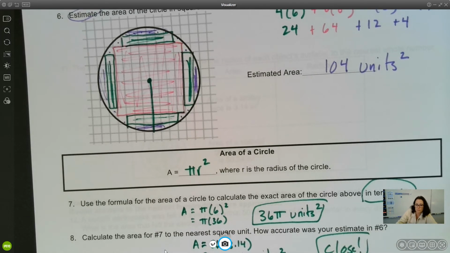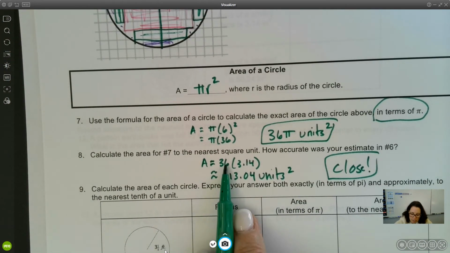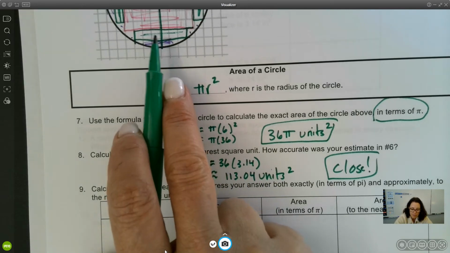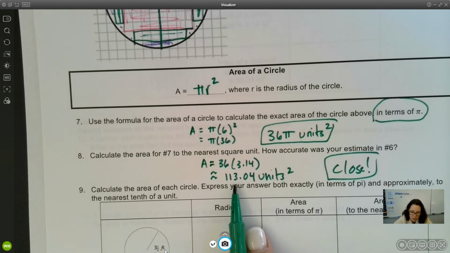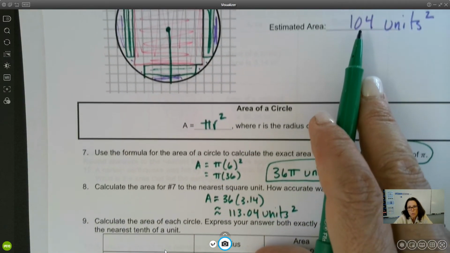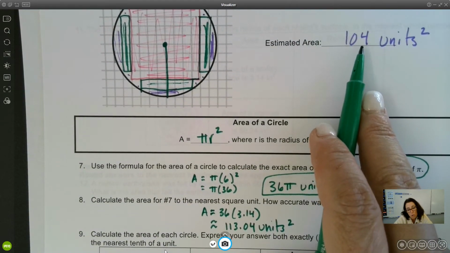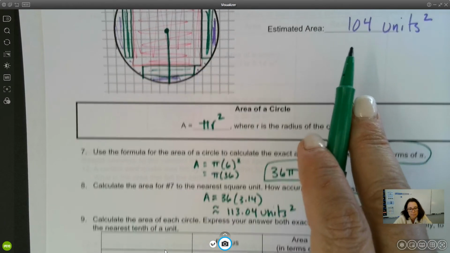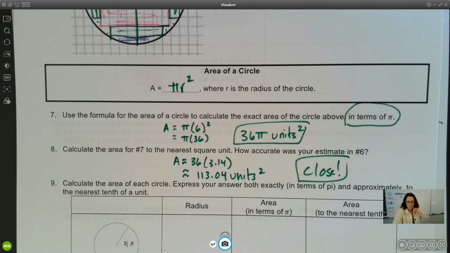Whoops, sorry guys, let me scooch that up. So I did 36 times 3.14 for pi. And then I found the actual area of this thing, calculating it to be this. I was close when I counted. Okay. All right.